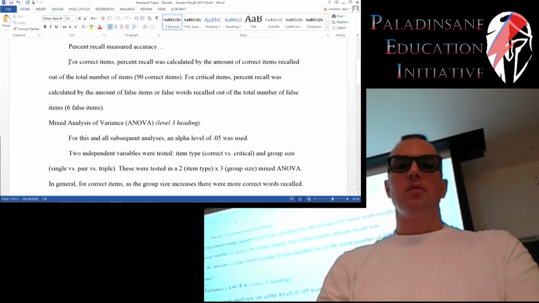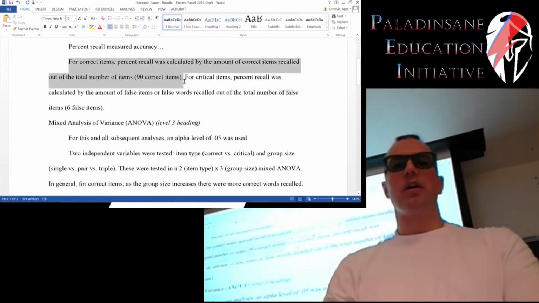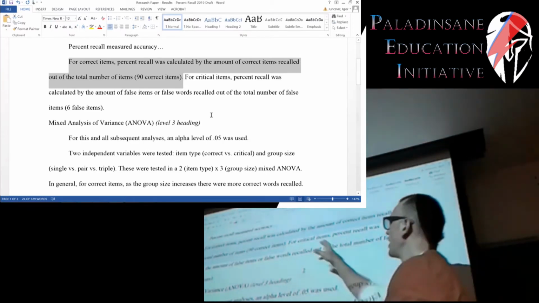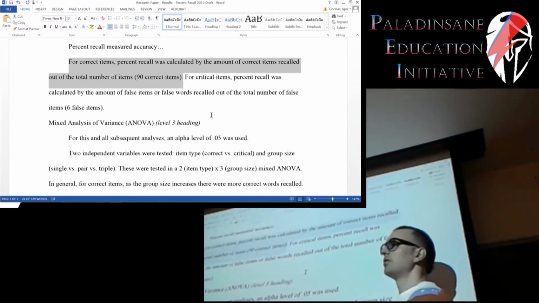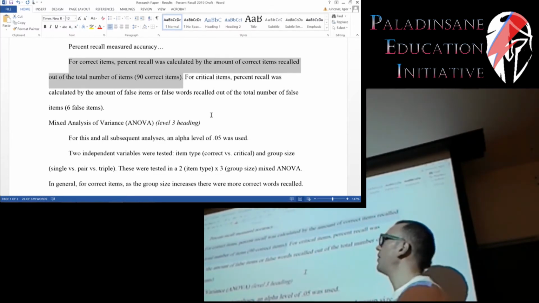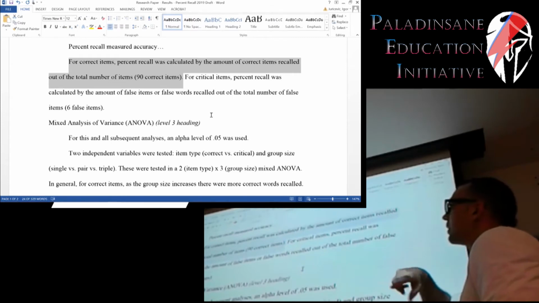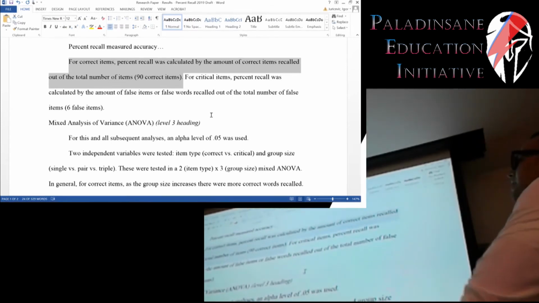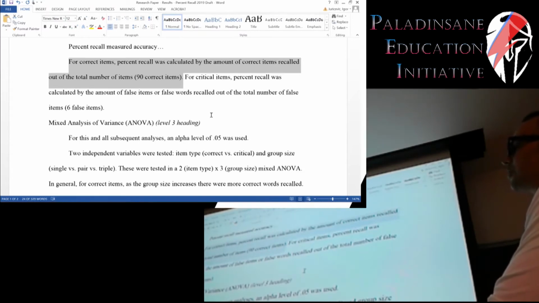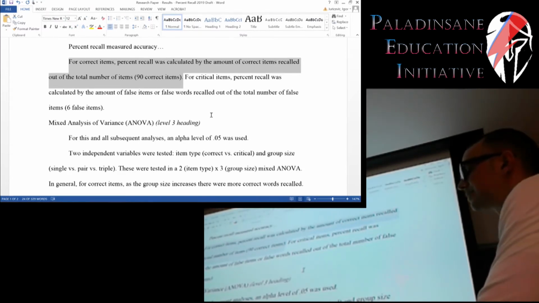Okay, we have our operational definitions. So for correct items and for critical items, notice we use correct and critical. We want to make sure that we're very consistent now. So for correct items, percent recall was calculated by the amount of correct items recalled out of the total number of items, 90 correct items.